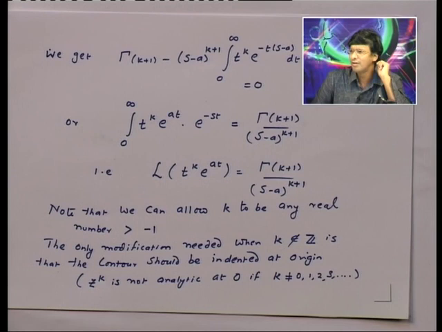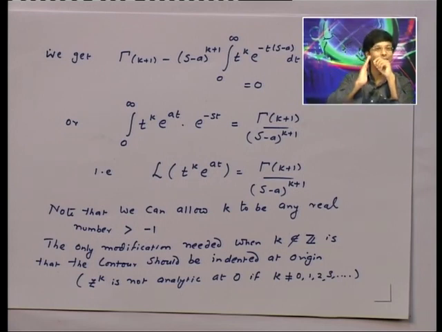Origin will no longer be a point of analyticity, correct? Origin will not be in the domain of analyticity of the function. So, the sector cannot have its vertex at the origin, because at the origin it is not analytic. So, what is the trick? You make an indentation, right?